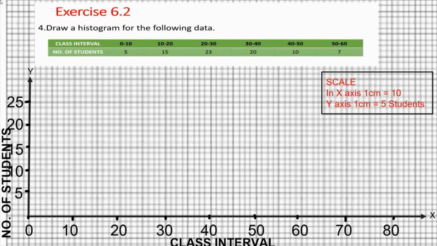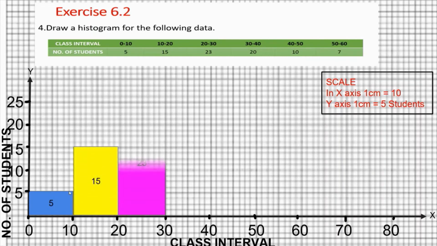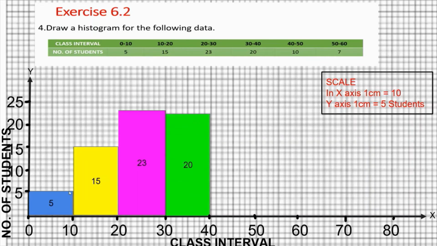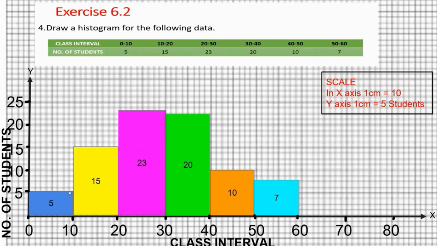Scale: on the x-axis 1 centimeter equals 10, on the y-axis 1 centimeter equals 5. Now for class interval 0 to 10, the point has been plotted at 5 on the y-axis. Likewise, for 10 to 20 at 15, for 20 to 30 it is 23, 30 to 40 it's 20, 40 to 50 it's 10, 50 to 60 it's 7. So this is the histogram. There is no gap in between.